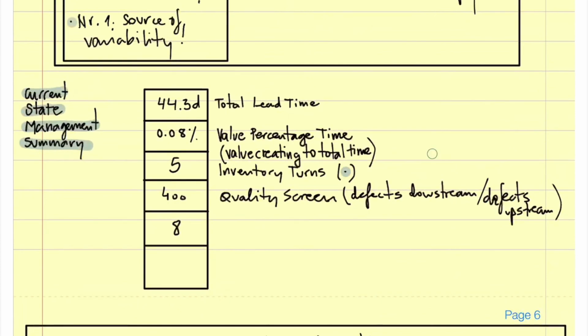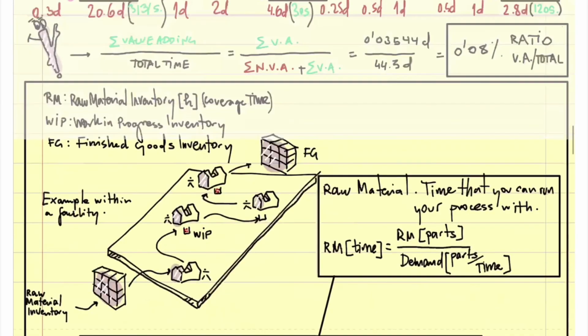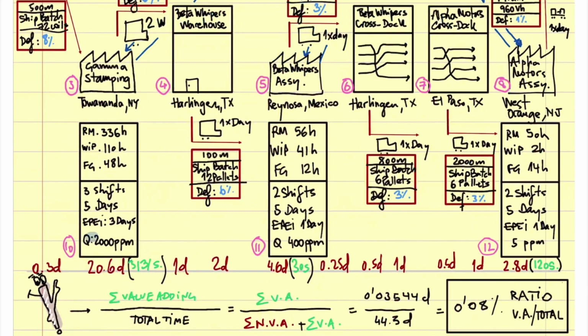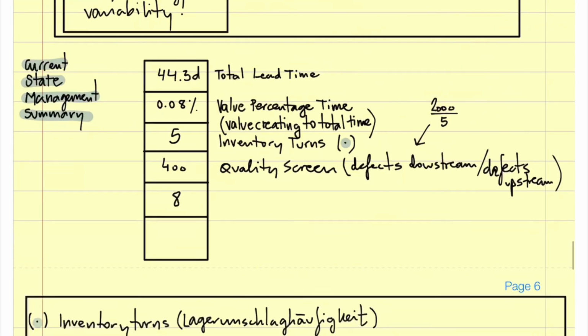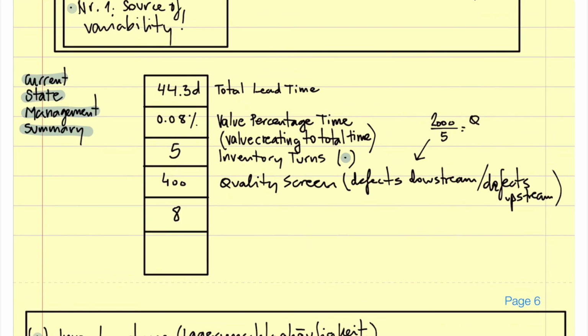This is 2,000 divided by 5. This is the quality at gamma stamping divided by the quality at alpha motors assembly. So then we have 8.